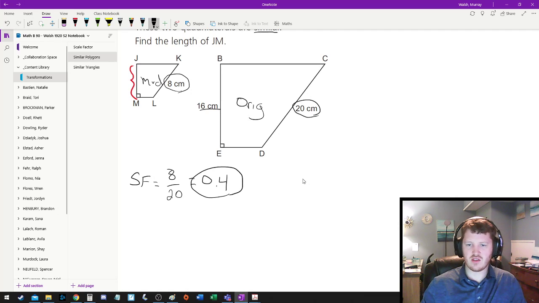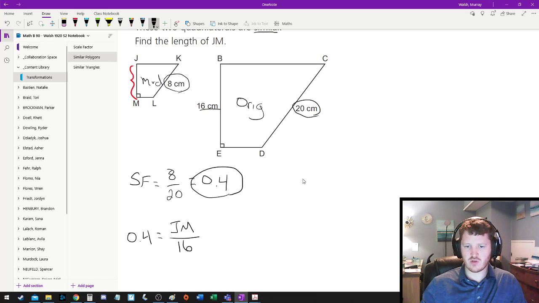So we'll keep this, and we'll now use it to solve for JM. We have our scale factor as model over original, so 0.4 equals, our model is JM, and our original is 16.